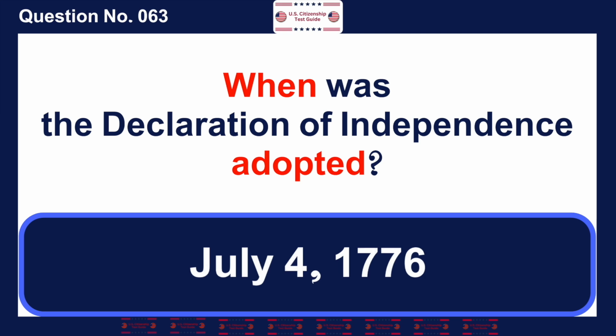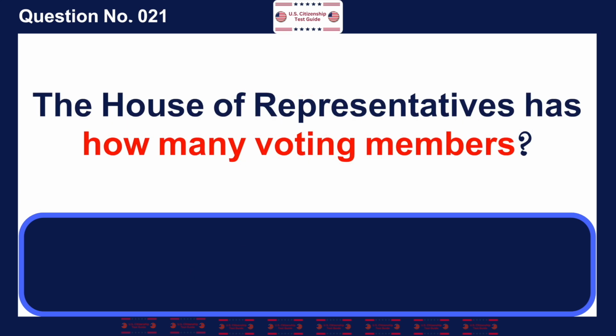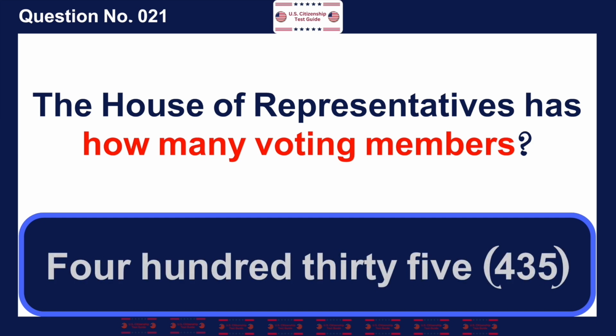July 4, 1776. The House of Representatives has how many voting members? 435.